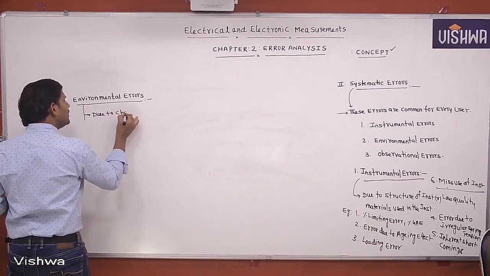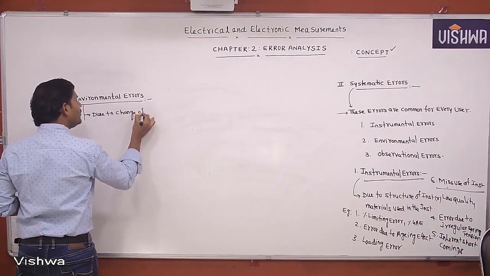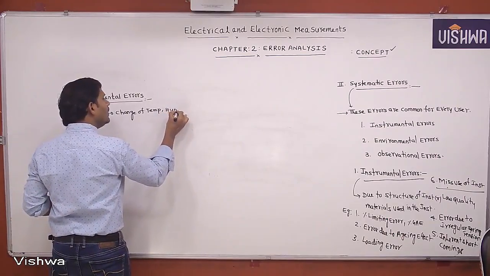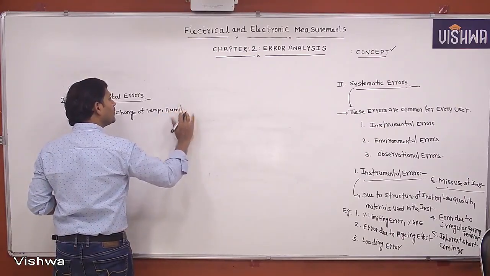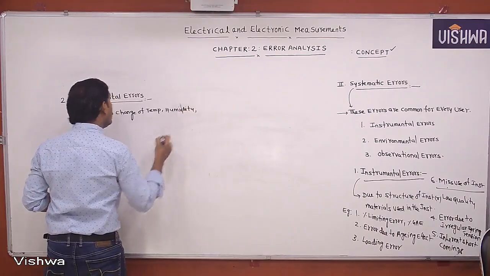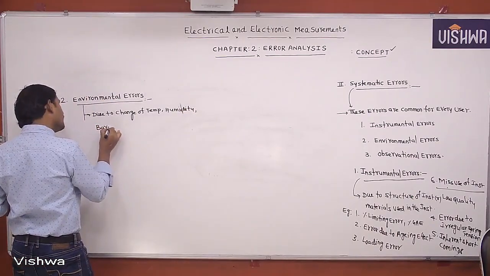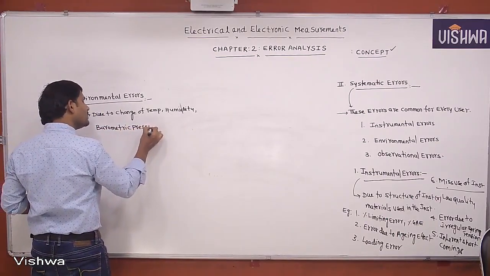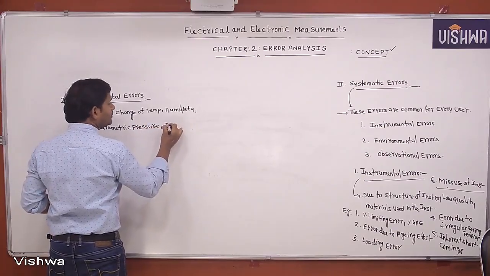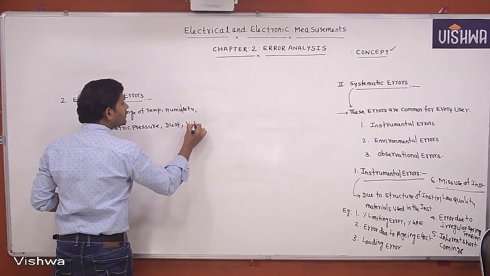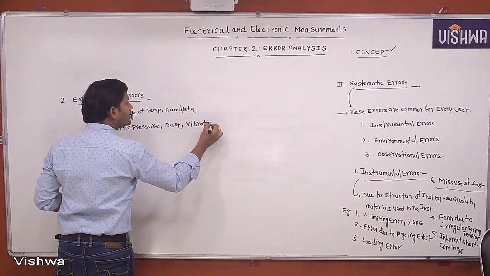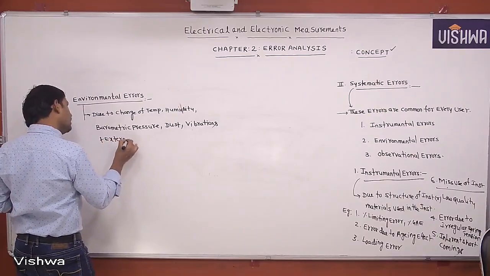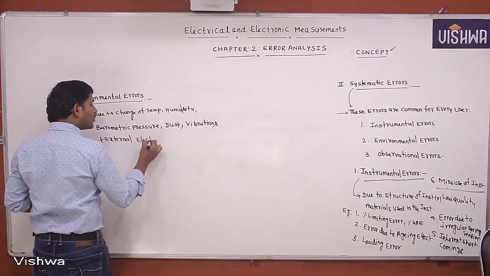That is, the reasons for environmental errors are: change of temperature, humidity, barometric pressure, dust, vibrations, and external electrostatic and electromagnetic fields.